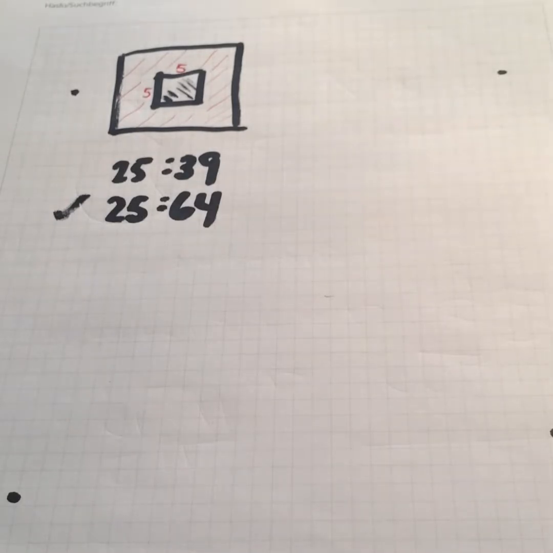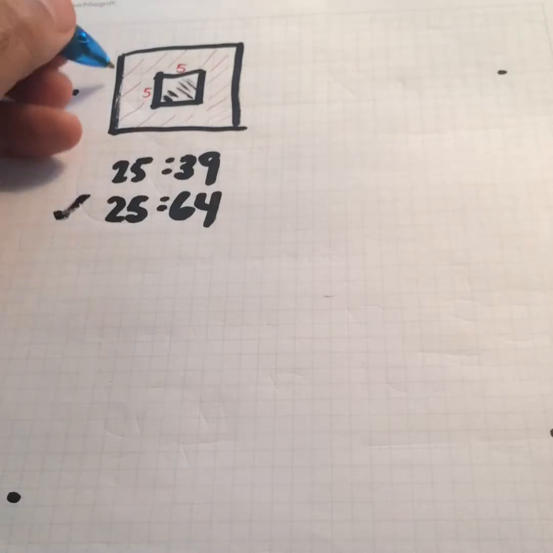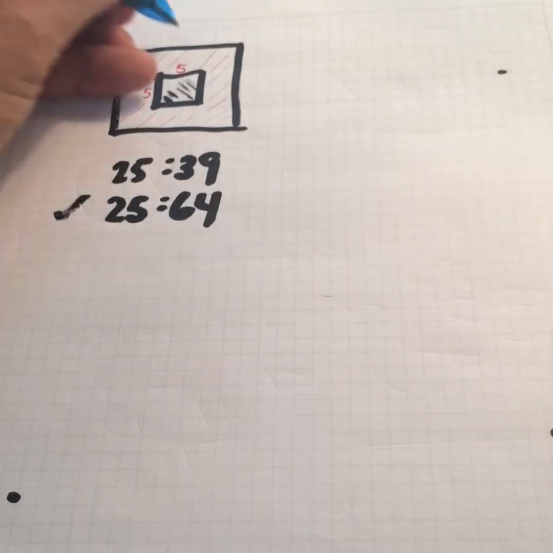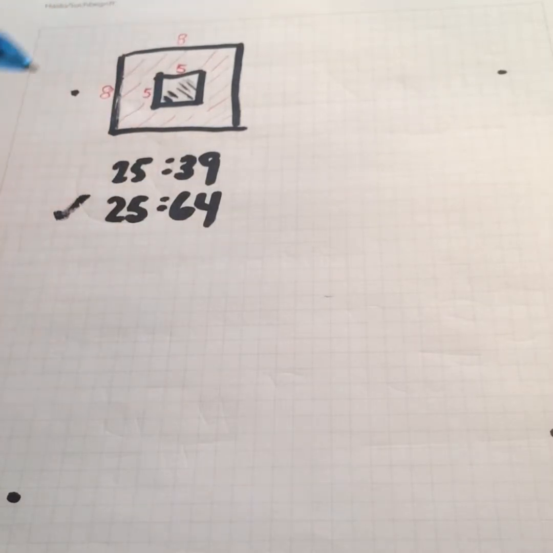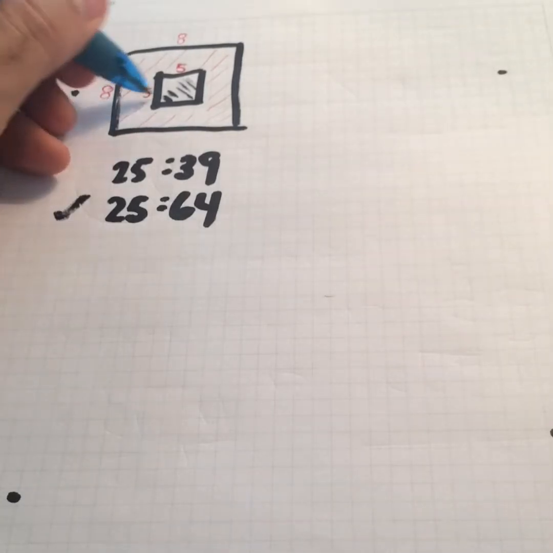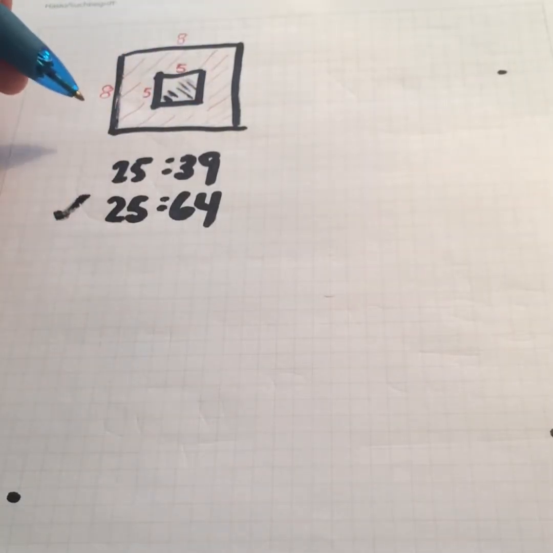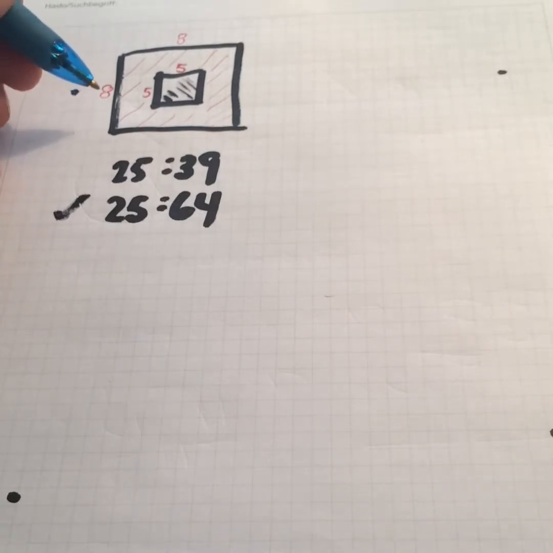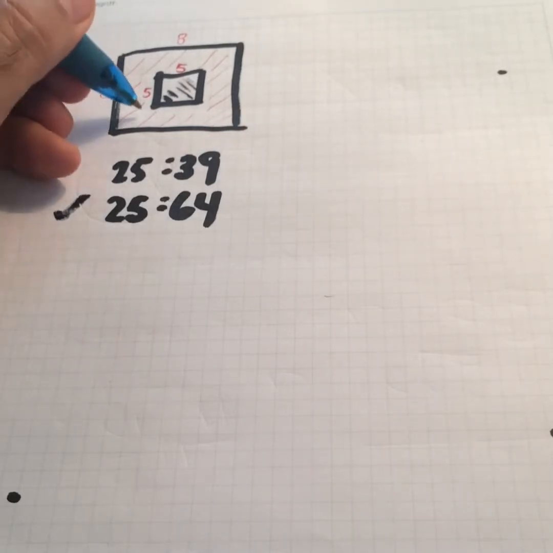So you might recognize that those are both perfect squares, and since we're dealing with squares, we could imagine that the sides of the small square are 5 by 5 and the sides of the larger square are 8 by 8, which is really handy because right away we can see that the width of the wooden strip, which is what the exercise is really asking about, in this particular case, would be 1.5.